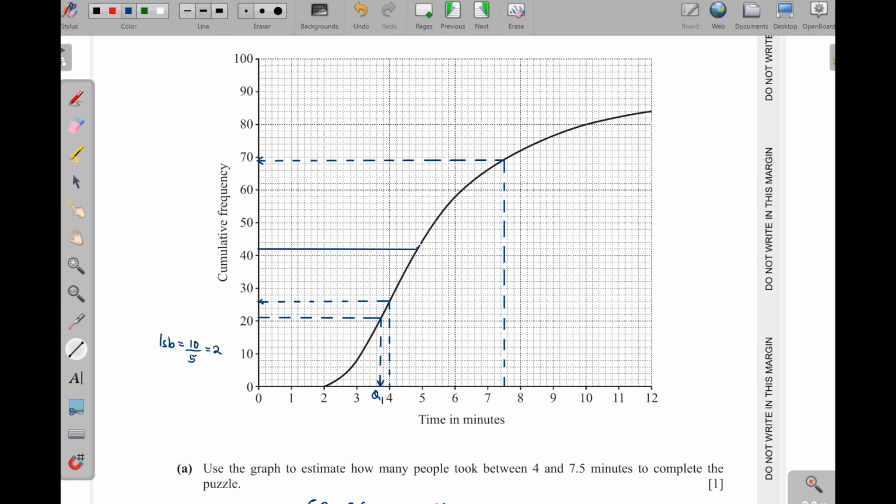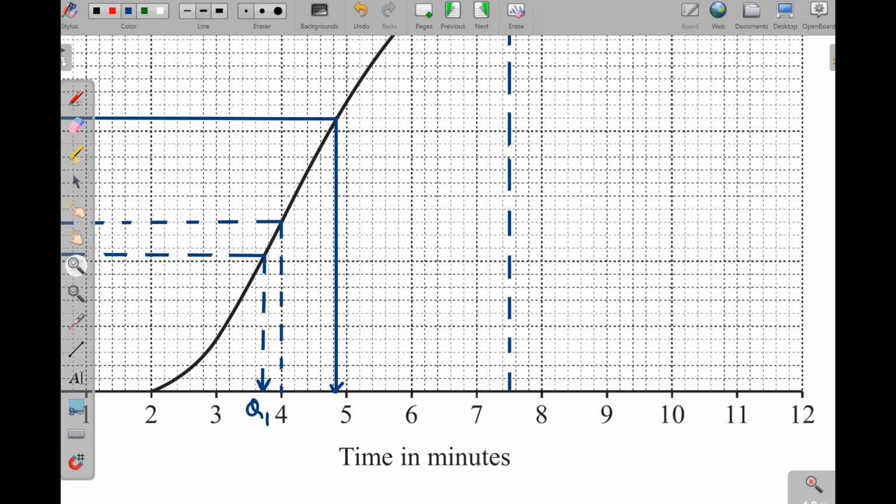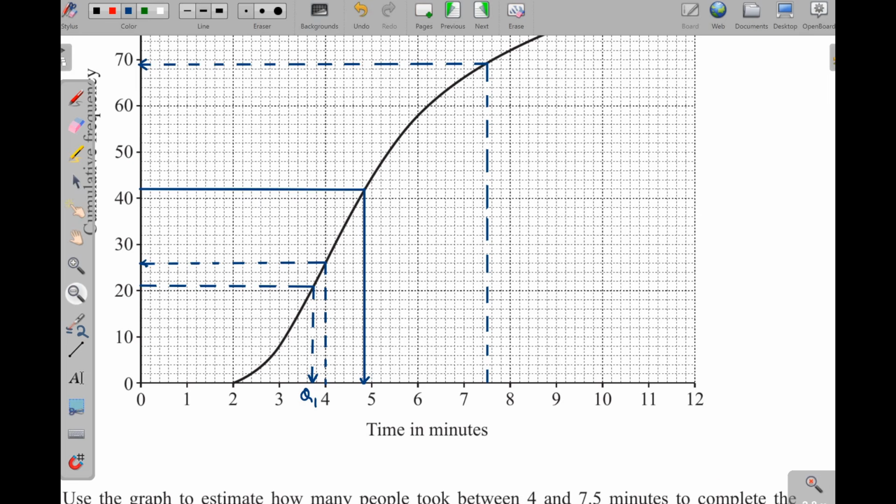And this one can be 4.8 something. It looks like it is beyond 4.8 by something very small, but I'm just going to put 4.8.